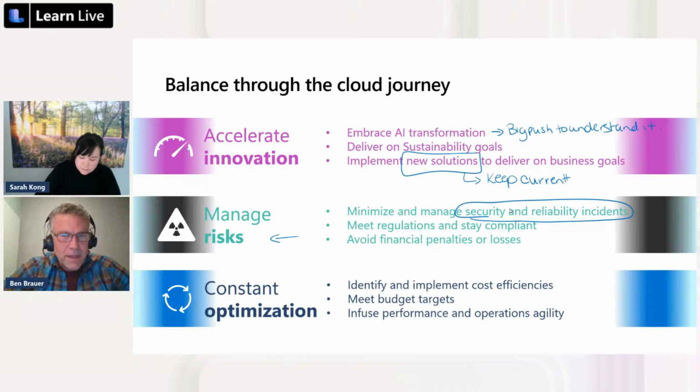If a mission critical application goes down, it could affect the safety of your employees or the safety of your users. There are a lot of examples, let's say traffic control systems, where that would be really bad. So you want to constantly remember that minimizing and managing security and reliability is just part of the table stakes.